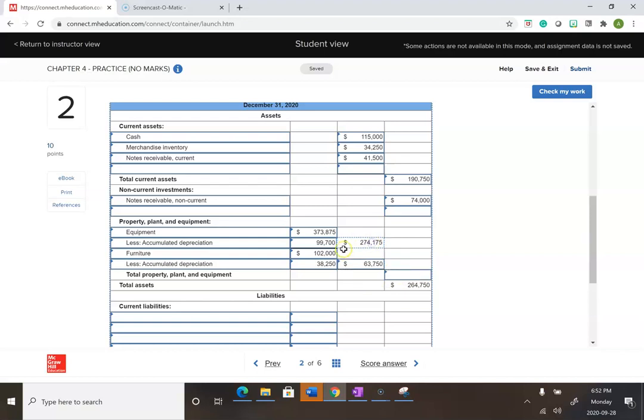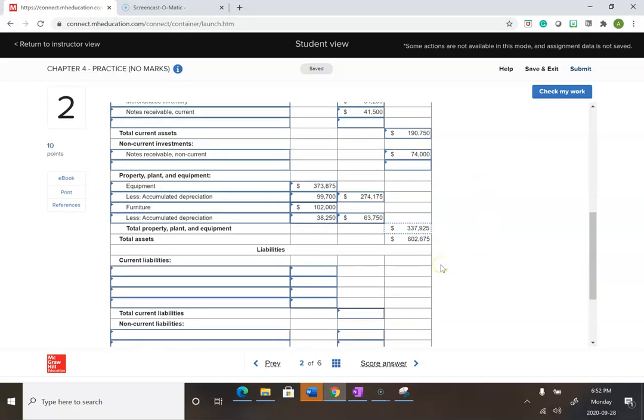So 274,175 and 63,750, and that gives us 337,925. So now this is actually subtotaling all my assets up for me, which is great. If they didn't, then what this subtotal is my 74,000 and my 190,750 and my 337,925.